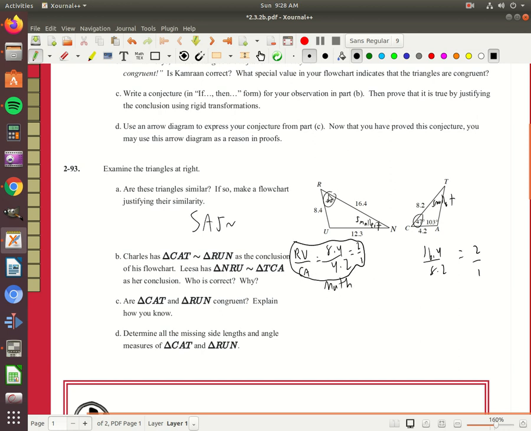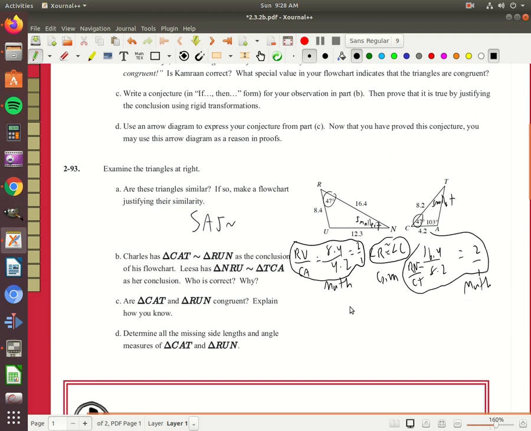I know that angle R is congruent to angle C. I know that because it's given. And then now what I can do is I can say 16.4, which is RN, is going to match up with CT, which is 16.4 over 8.2. Again, I know that because of math.